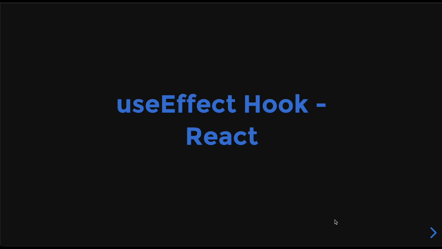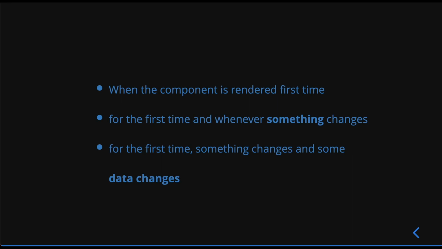All right, so before diving deep into how we can use useEffect, let's see what it actually does and how it reacts. Okay, as you can tell by the name, useEffect basically means that it will react, or it will show the effect of some reaction.